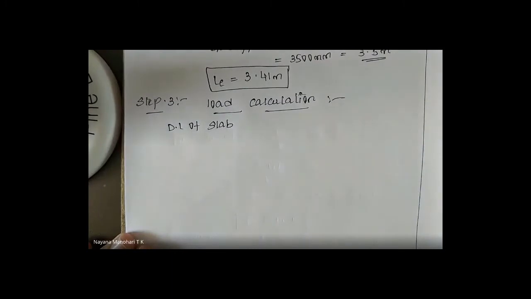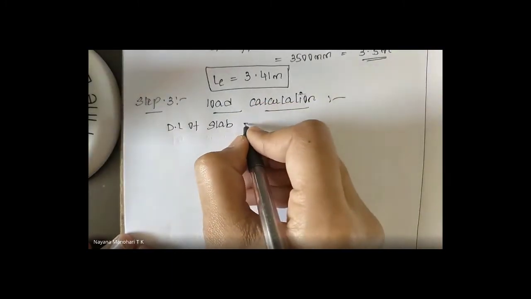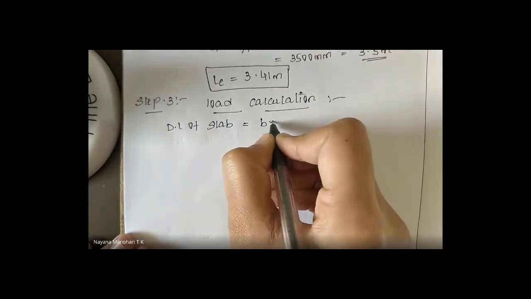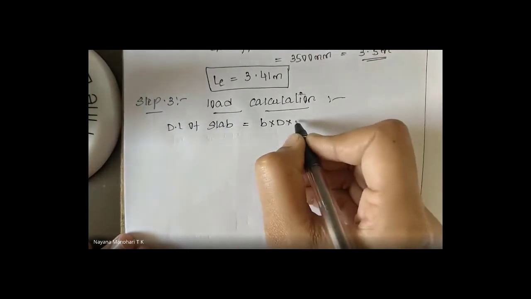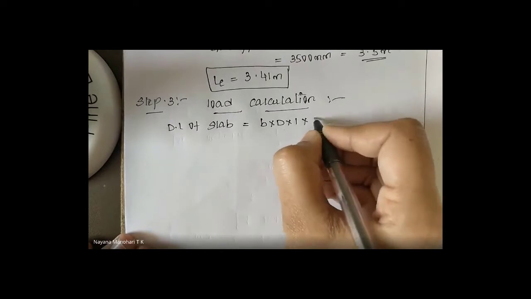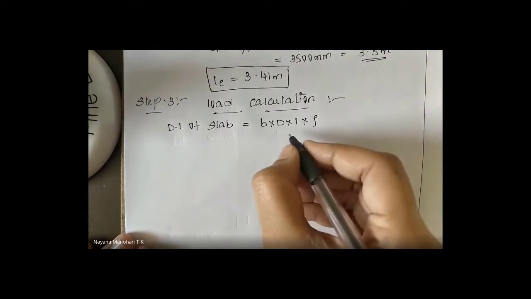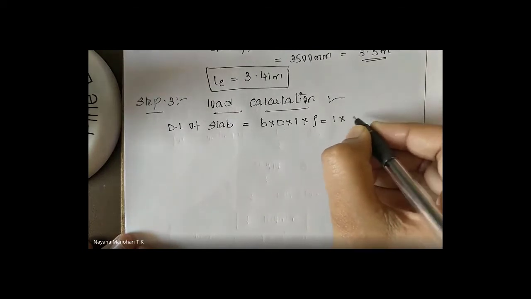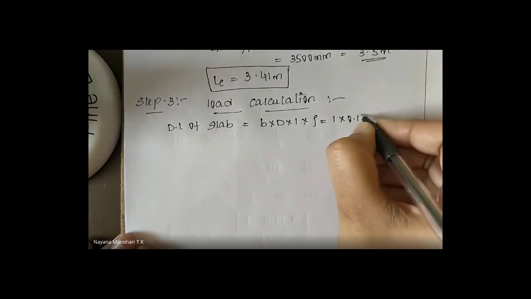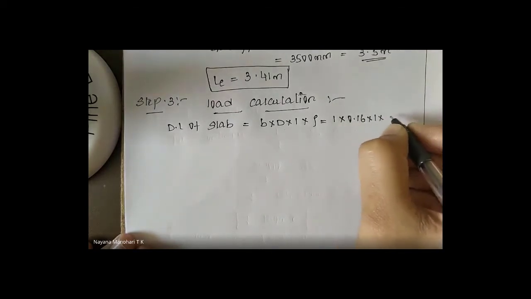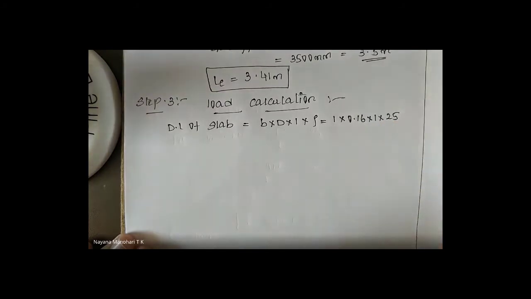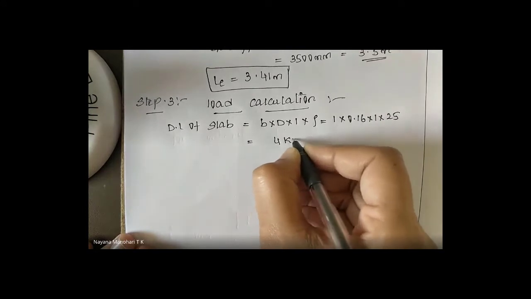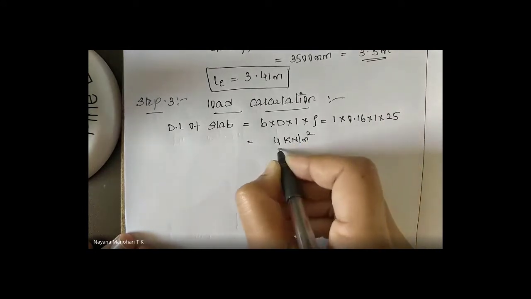Dead load of slab will be equal to B into D into length, take it as 1, multiplied by density. Substitute the value. B is 1 meter, and the overall depth is 0.16 into 1. Take the density as 25. Then calculate the dead load. You will get it as 4 kilonewton per meter square.